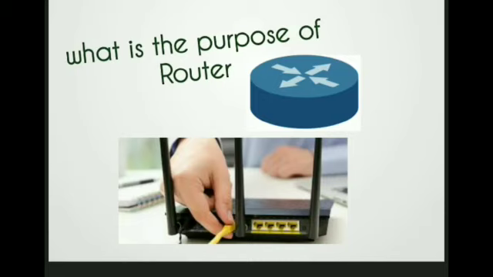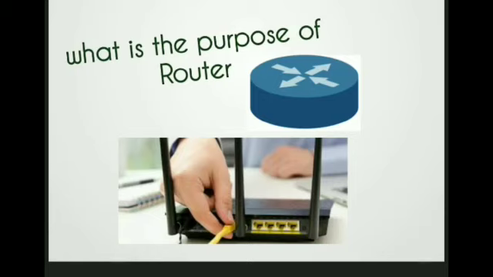The main purpose of the router is to route traffic from one network to another network. For example, I am sending traffic from my home network and I want to send it out to communicate with someone on the internet, someone's PC or some user.